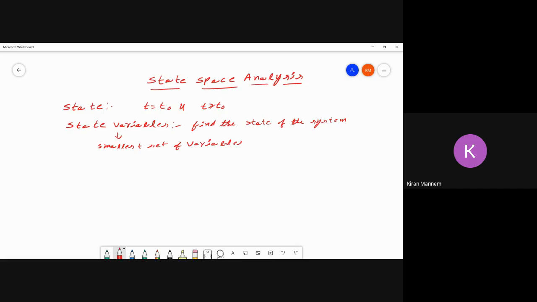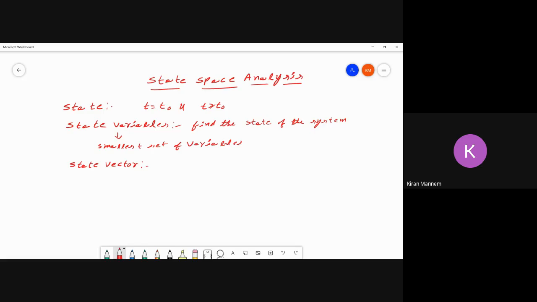We have one more definition in the state space analysis, that is state vector. These are all definitions. If n state variables are needed to completely describe the behavior of a given system, then the n state variables can be considered as n components of the vector x of t.